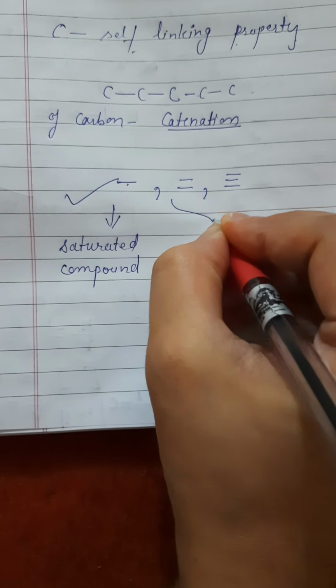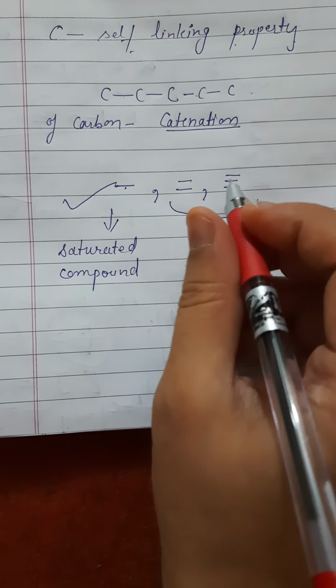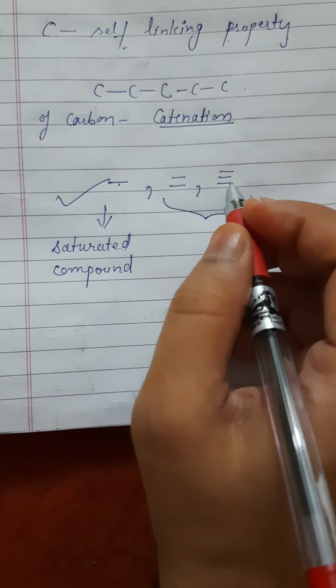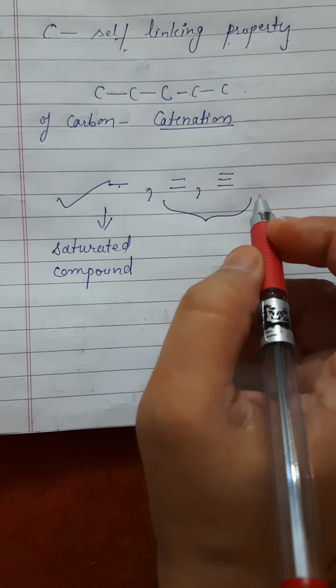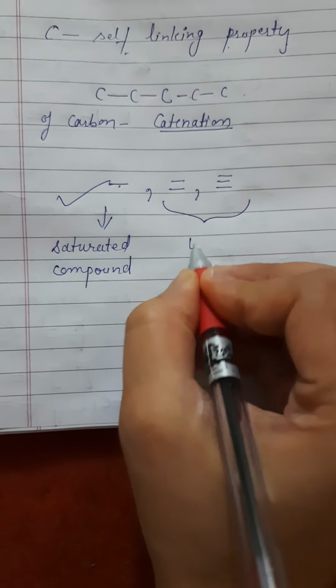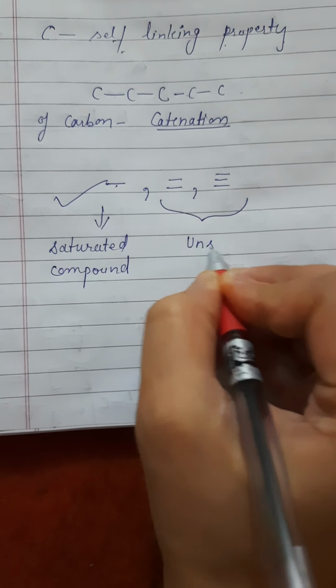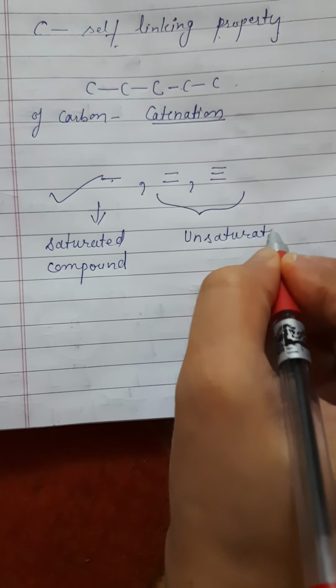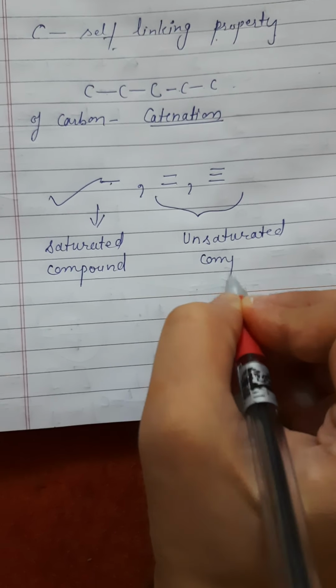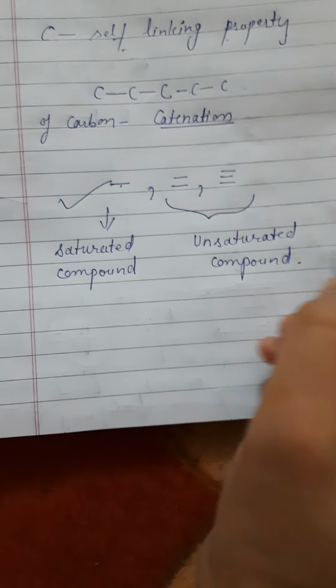And when carbons are linked by one or more double or triple bonds, these compounds are known as unsaturated carbon compounds.